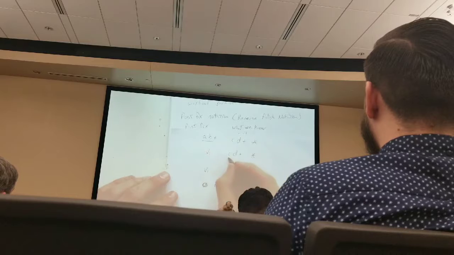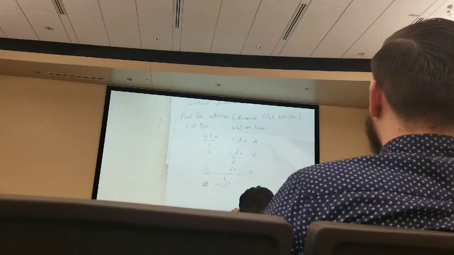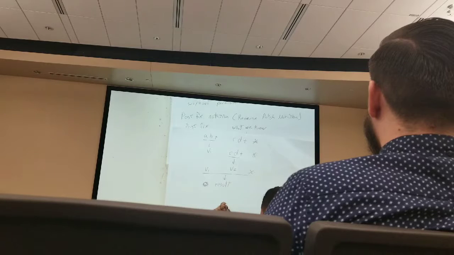So this is occurring in the first step, this is occurring in the second step, and this operation is occurring in the last step. So what do we notice about these operations? What are they being worked on?